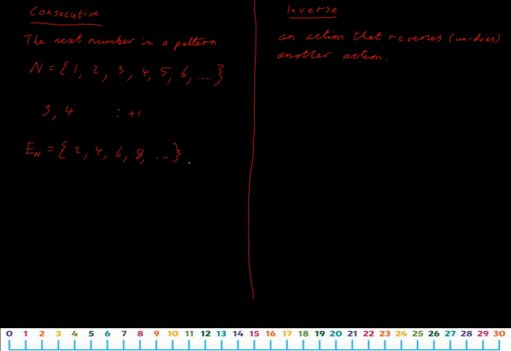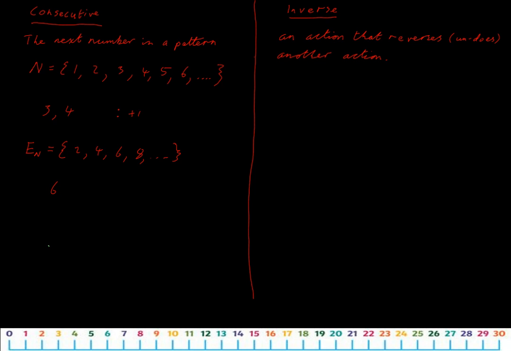Now, if I take one of my numbers from my ordered list here, and I have 6, what's the next consecutive even number? So it should be the next number in my pattern. Now last time I just added 1, but if I add 1 onto 6, I'm going to get 7.